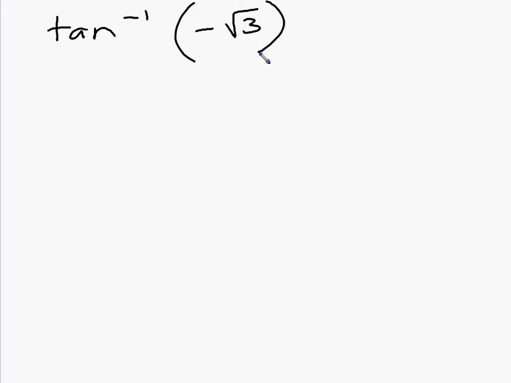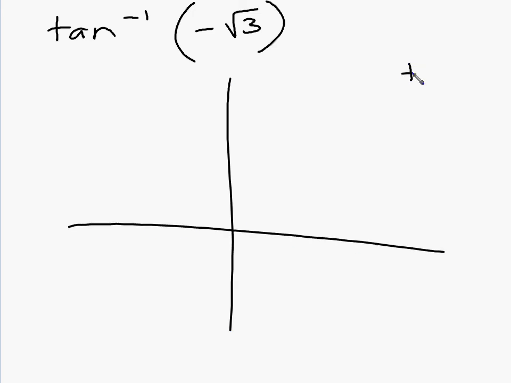It's only defined in which two quadrants? The first and the fourth. Okay? Inverse tangent is only defined in those two quadrants. Now, out of those two, all scholars take calculus. Isn't it negative down in the fourth quadrant? So since this value up here is negative, I need to draw my triangle down in this quadrant.